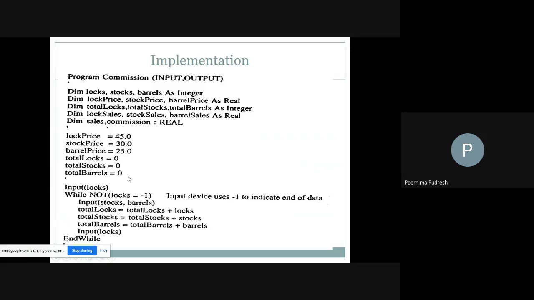Next, we'll move on. Is it clear? The declaration: here we are declaring the locks, stocks, barrels as integer. Total of locks, stocks, and barrels is also integer, but the price of that is declared as a real value, and the total sales is also declared as a real value.